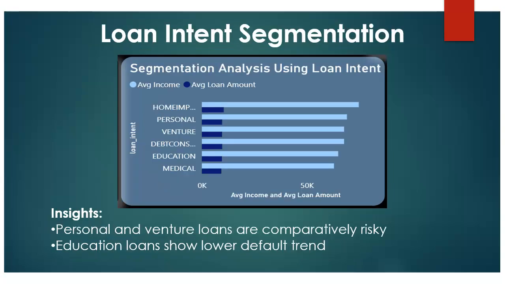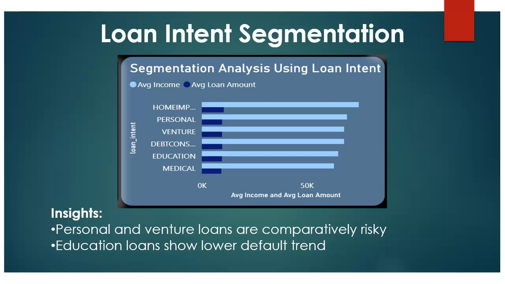Then, the loan intent segment. In this section, I performed segmentation analysis using loan intent categories. The loan intent includes personal, education, medical, venture, improvement, and debt consolidation.